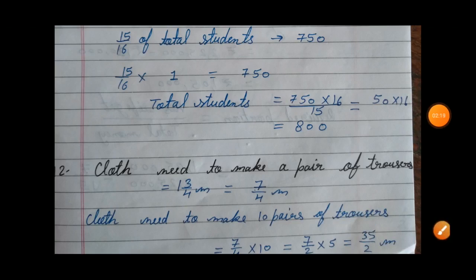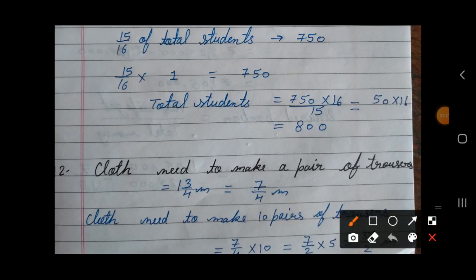On division, 750 divided by 15/16, then we will multiply this 750 by the reciprocal of 15/16, that is 16/15.